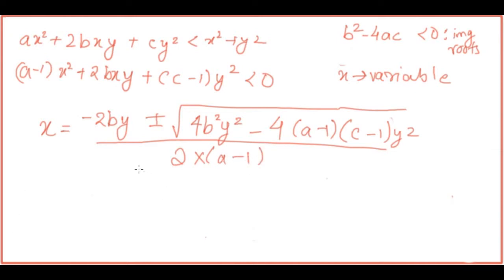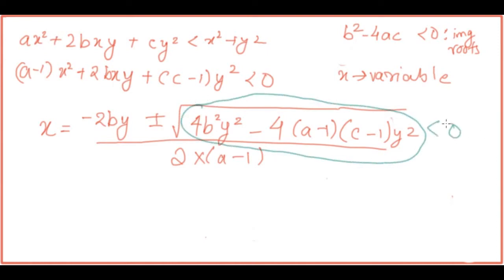Now for this equation to always have a value less than 0, this root should never exist. It should never be greater than or equal to 0, so x should never be equal to 0 or greater. So this discriminant part should always be less than 0, right?